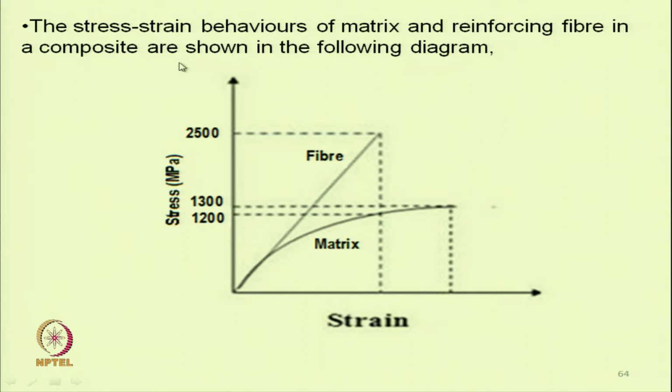From this figure we can see the breaking stress of fiber is 2500 megapascal and the ultimate stress of matrix is 1300 megapascal. As the breaking elongation of matrix is higher than the reinforcing material's elongation, they will not break at the same time.